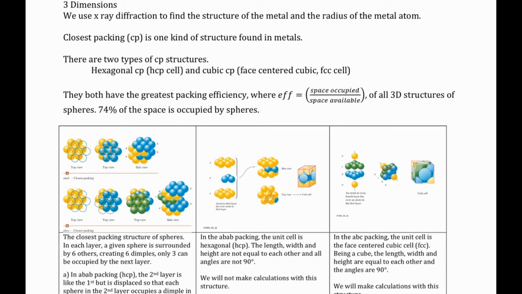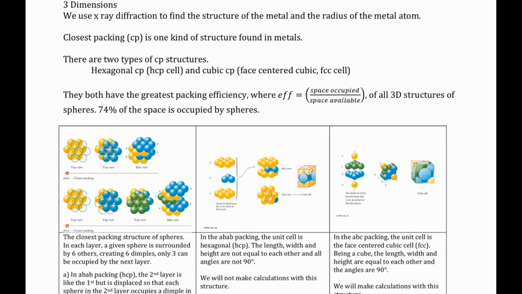We have the hexagonal closest packing, which makes for an HCP, hexagonal closest packing cell, and we have the cubic closest packing, which makes for the unit cell we call the face-centered cubic cell, or the FCC cell. They both have the greatest packing efficiency of all the different kinds of ways metal atoms pack, where the packing efficiency is the space occupied over the space available.